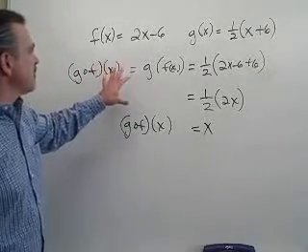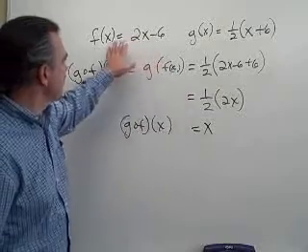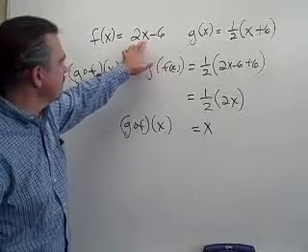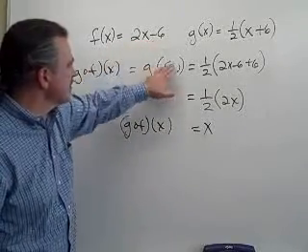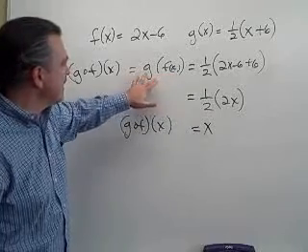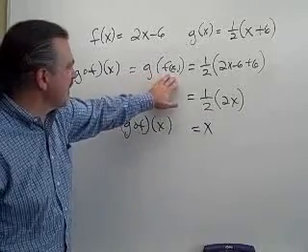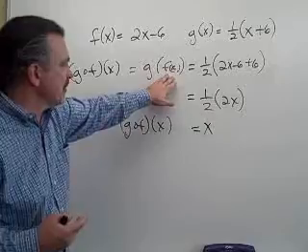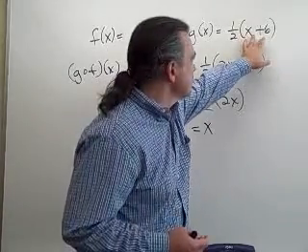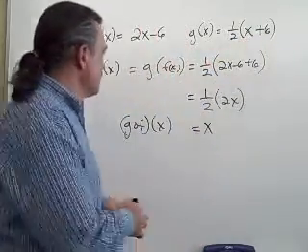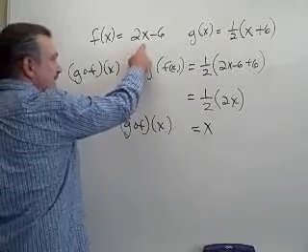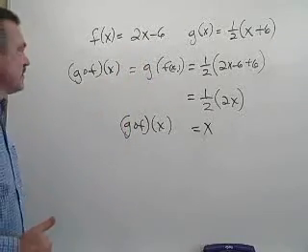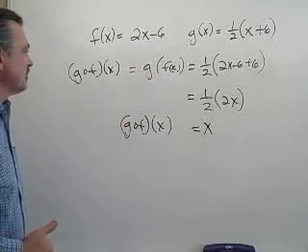Let's put in 3 for x. So if we put in 3 for x into the function f, 2 times 3 is 6, 6 minus 6 is 0. So now take the function g and evaluate it at x being 0. 0 plus 6 is 6, 1/2 of 6 is 3, and that gets us back to the value that we originally put in place of x in the function f.